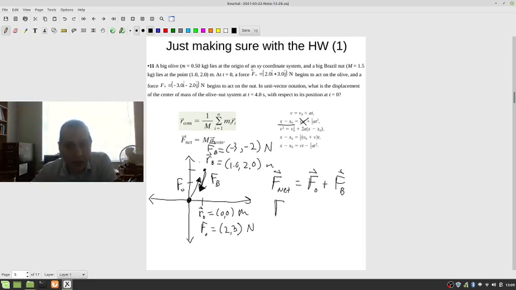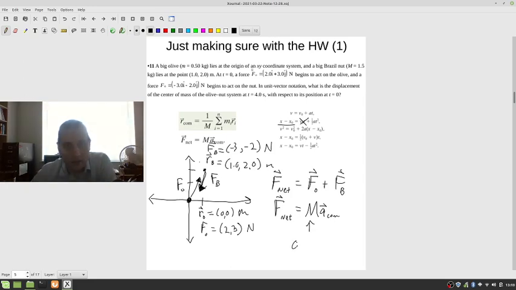And now you use F net on your system equals mass of your system times the acceleration of the center of mass. And that acceleration is also a vector. This m is going to be the sum of the masses of the olive and the Brazil nut.